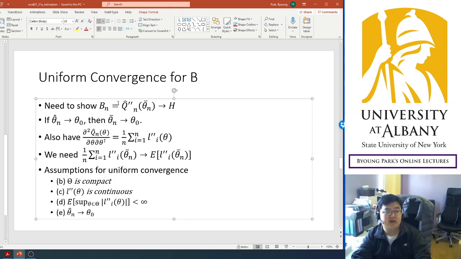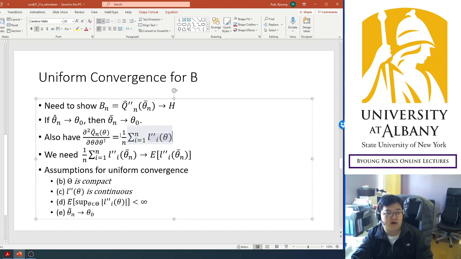And the second thing here is the second derivative can be written in this way. Think of it as a log likelihood function. The second derivative of the criterion function is the sample average of the second derivative of the log likelihood function. If you imagine this is the MLE estimator, L can be interpreted as a log likelihood function.